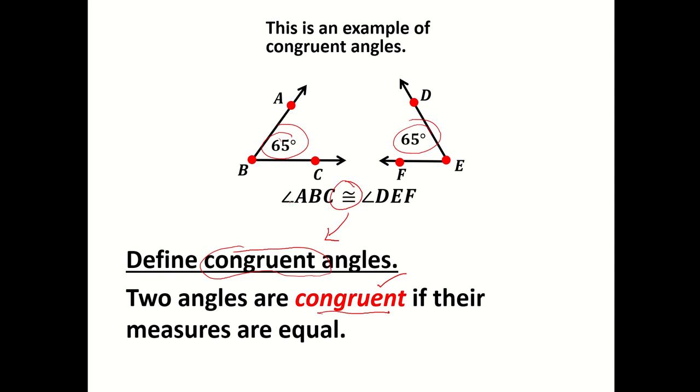So we say angle ABC is congruent to angle DEF. Kung walang parang curve dyan sa taas ng equal sign, of course, we read it as is equal to. Pag may nakikita kayong parang ganito, that's congruent already.